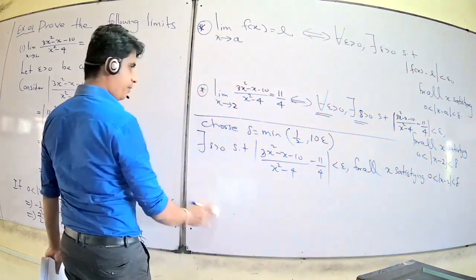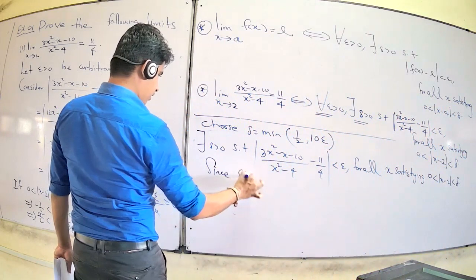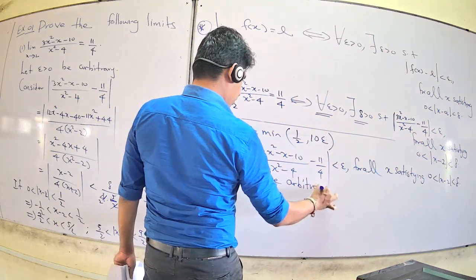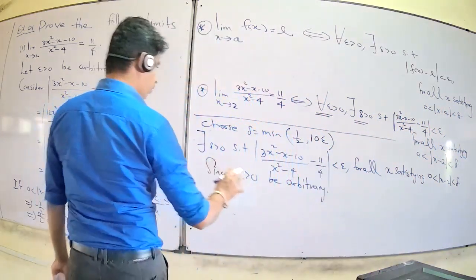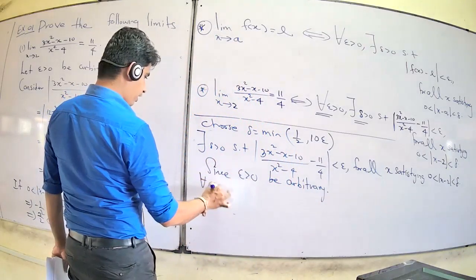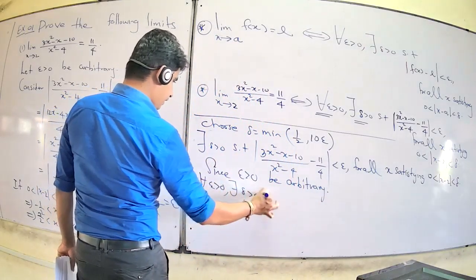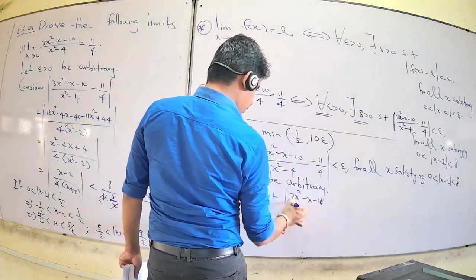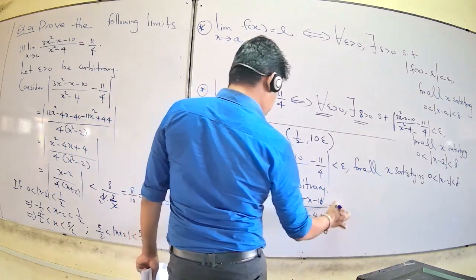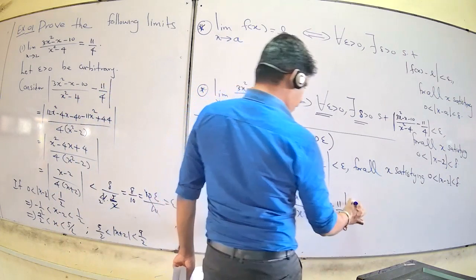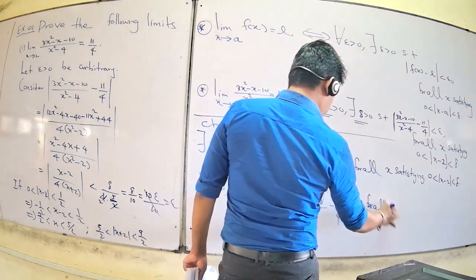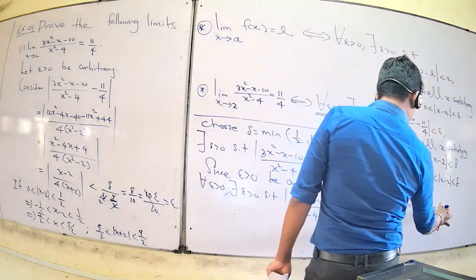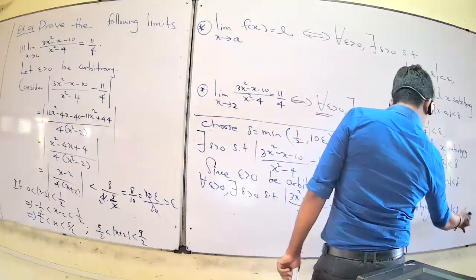Since epsilon greater than 0 was arbitrary, therefore the result is true for all epsilon greater than 0. That means for all epsilon greater than 0, there exists delta greater than 0 such that (3x squared minus x minus 10) over (x squared minus 4) minus 11 by 4 is less than epsilon for all x satisfying 0 less than the absolute value of x minus 2 less than delta.